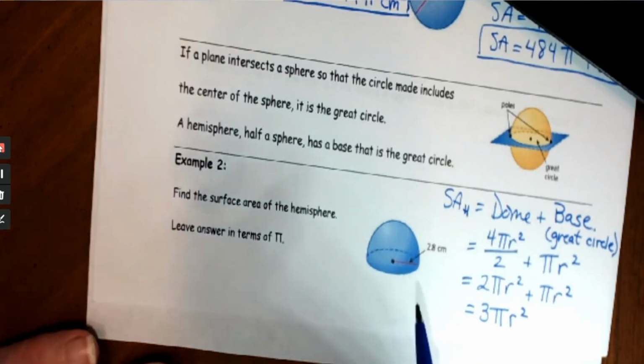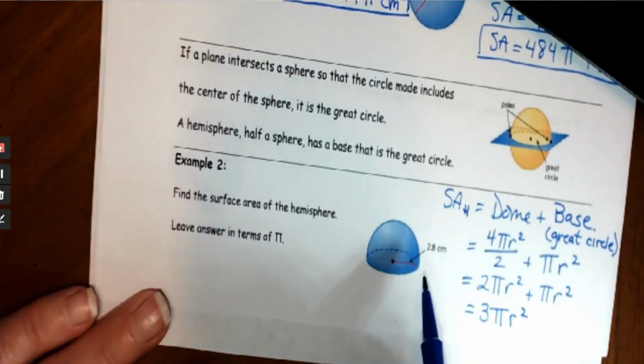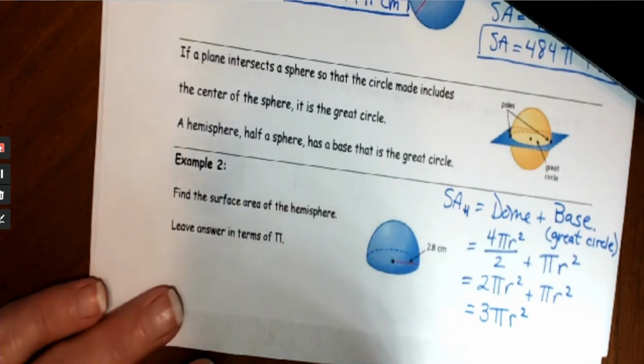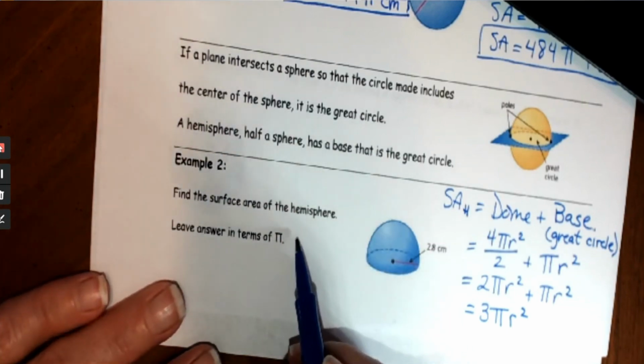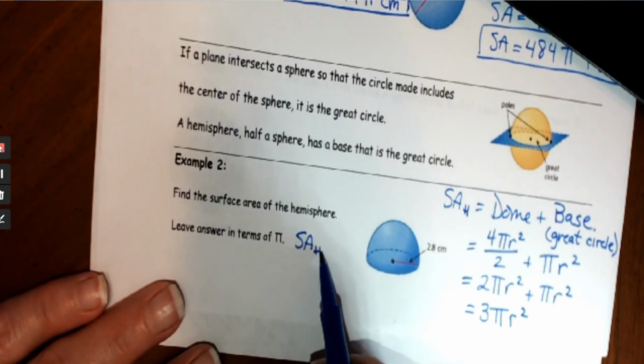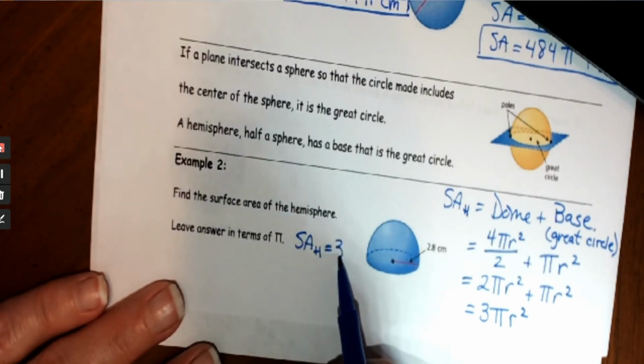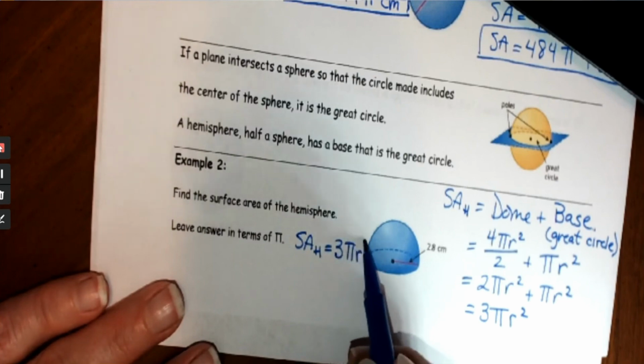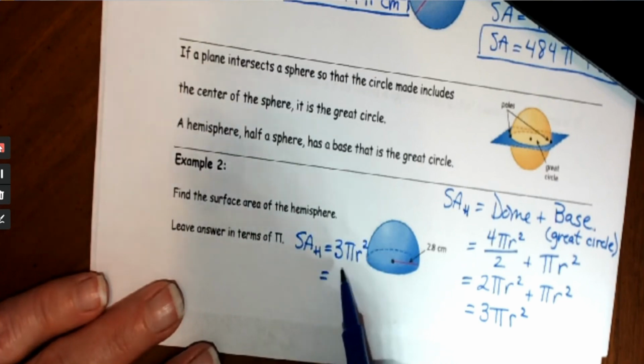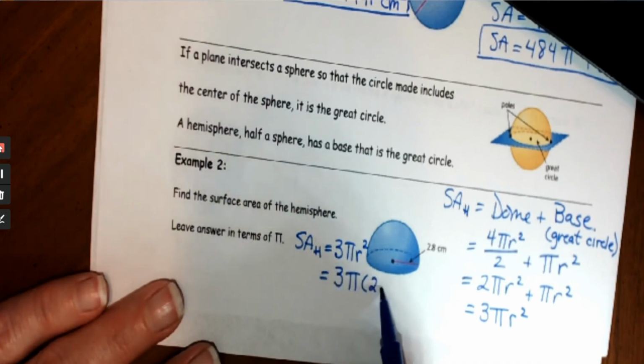So let's go back to this picture. We know that we need to find the area of the hemisphere. So the surface area of the hemisphere, we're going to say is 3 pi r squared. Well, we know here that we have 3 pi times 2.8 squared.